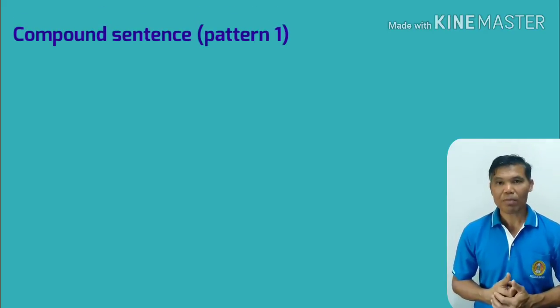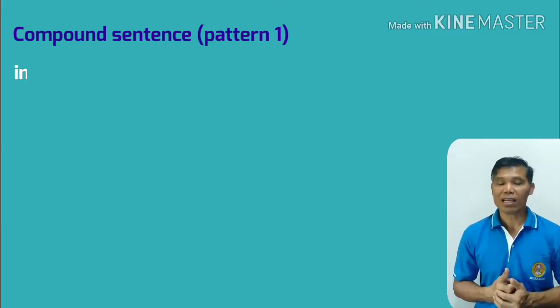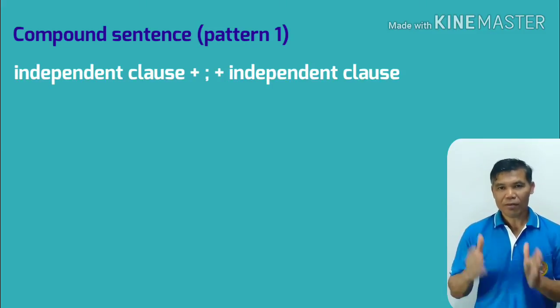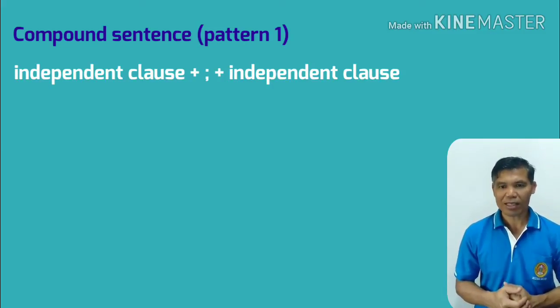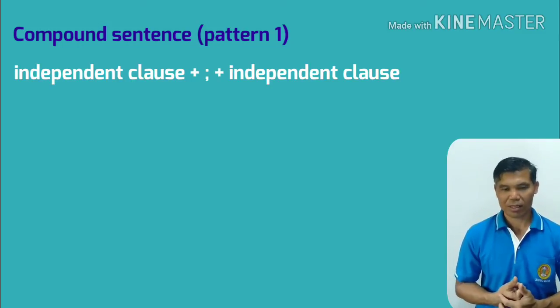Now, we'll move to the next patterns, which are compound sentences. I'll start from compound sentence pattern 1. The structure goes like this. First, we need an independent clause, followed by a semicolon, and followed by an independent clause.